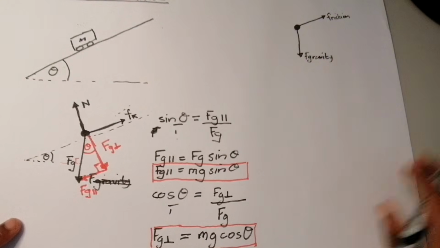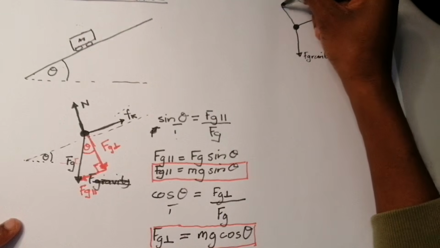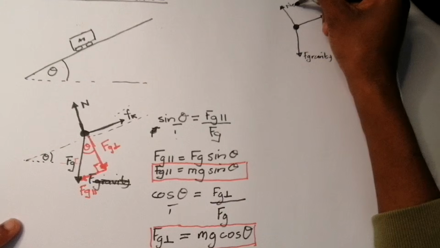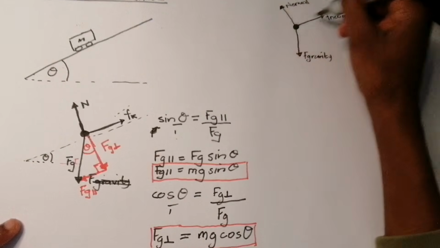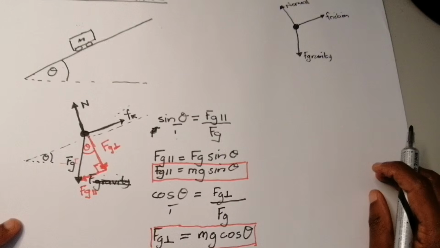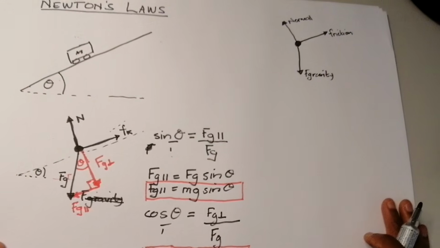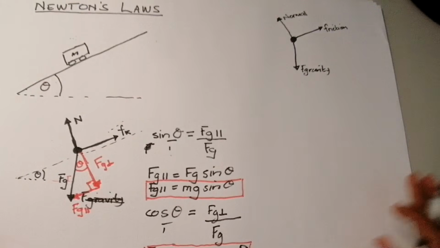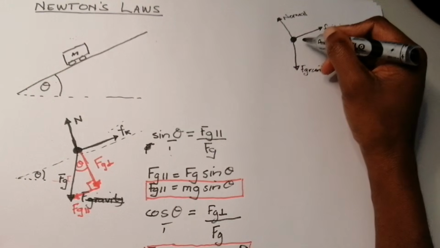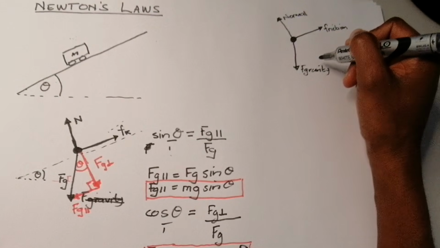And then we also had the normal force, and please remember that the normal force is forming a 90-degree angle with the actual surface. So this is the drawing that we had initially, isn't it? Versus which other kind of drawing? We had a drawing where we resolved this force of gravity into components.